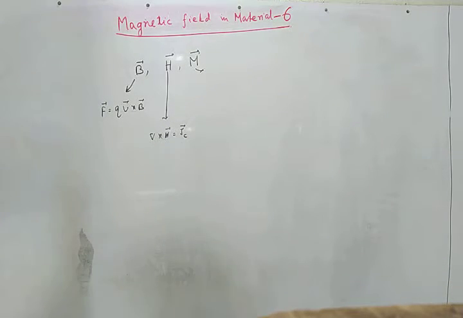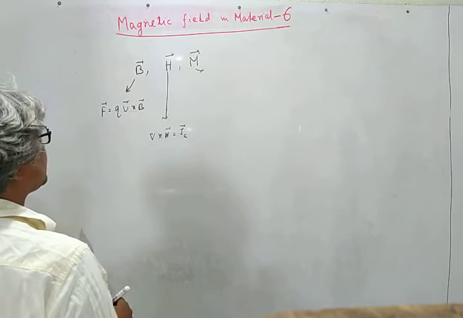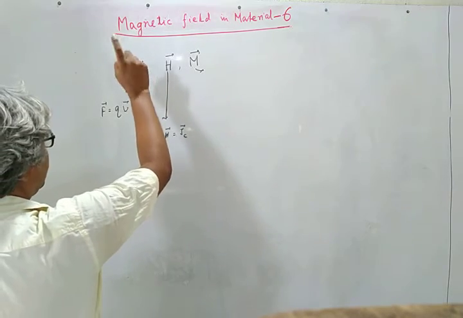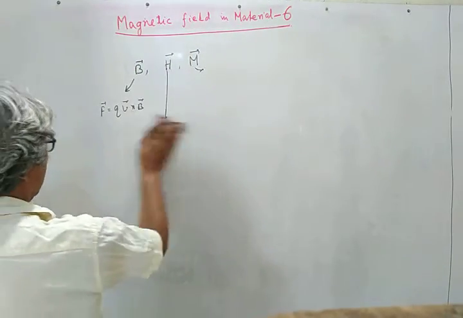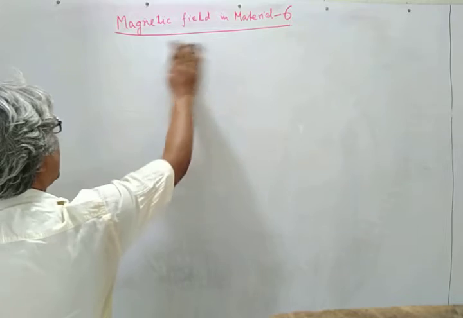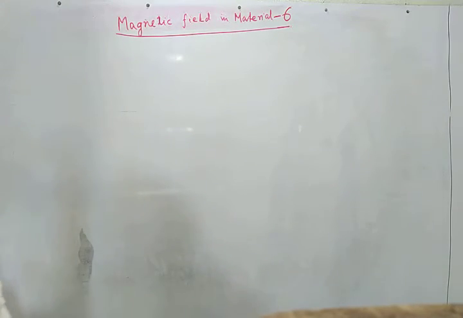Today we shall try to establish a relation between these three vectors, as we did in electrostatics, a relation between D, E and P. So this is our M. If we take a magnetic substance, then we know that the bound atomic currents produce dipoles, which are oriented at random due to their thermal motion.